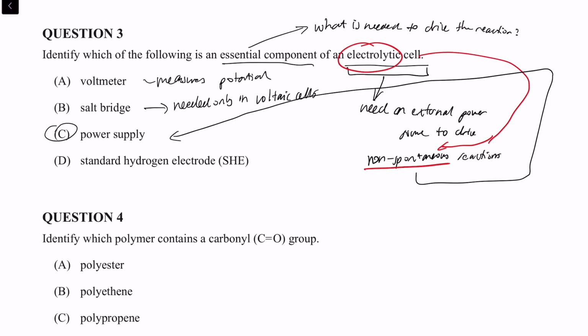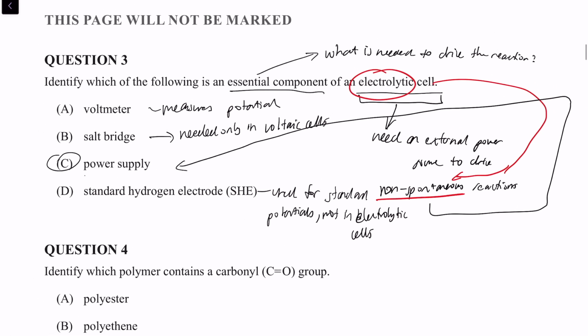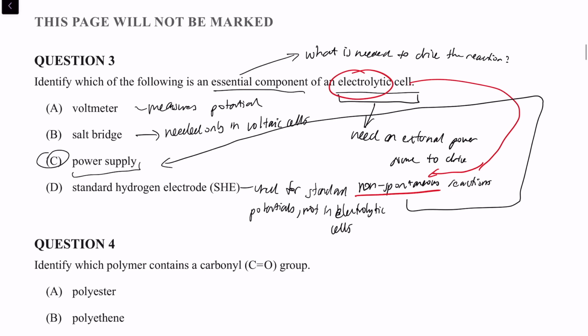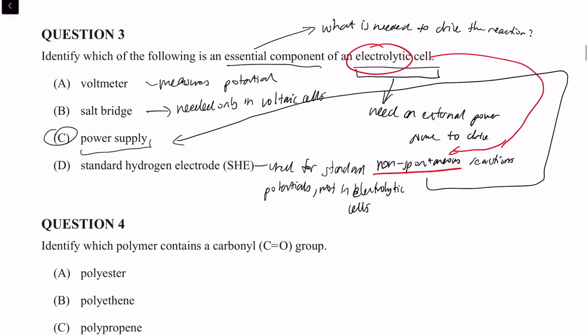And the standard hydrogen electrode is used for standard potentials, but not in electrolytic cells. Okay, so it's really obvious by this point that we need a power supply in order for this electrolytic cell to work. Everything else is not that essential or important compared to the power supply.